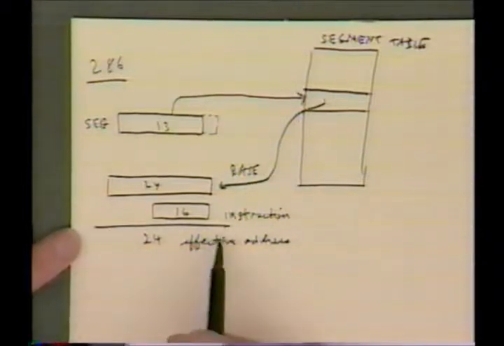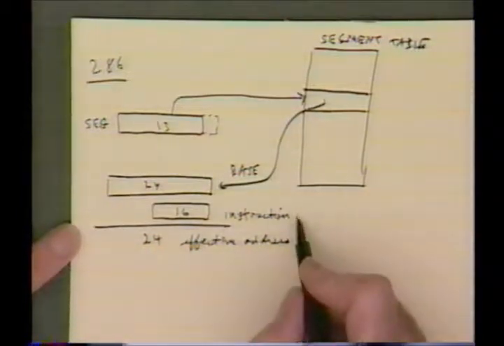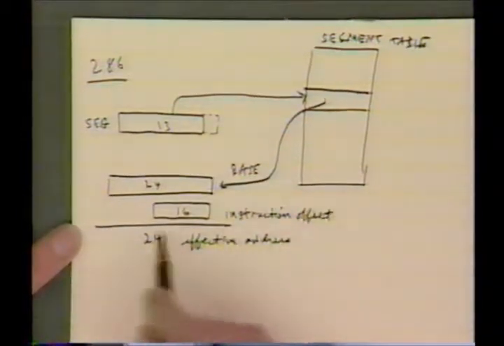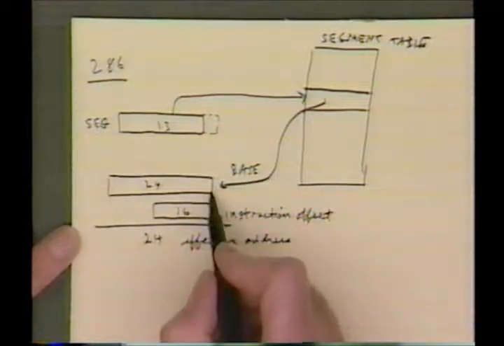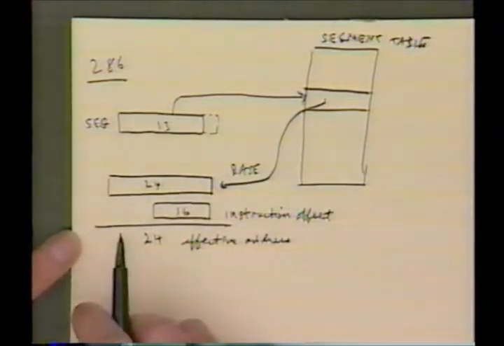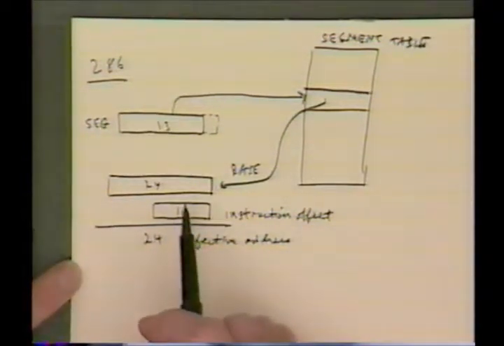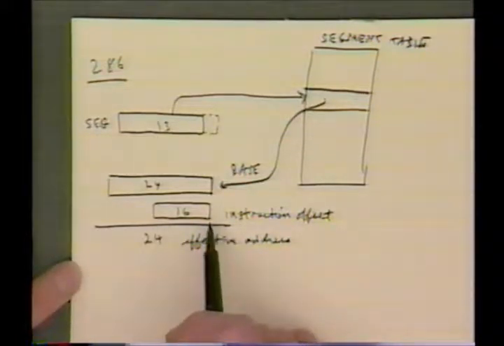For one thing, we've gone from 20 bits to 24 bits, which helps a lot. For another thing, the addition of the offset within the instruction or within program registers is done without any shifts. So in fact, segments can begin on arbitrary boundaries. The problem is that segments are still limited to 64K because the offset is only 16 bits.